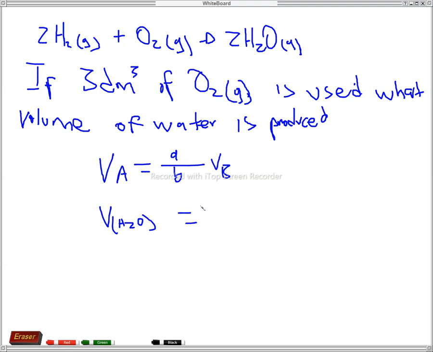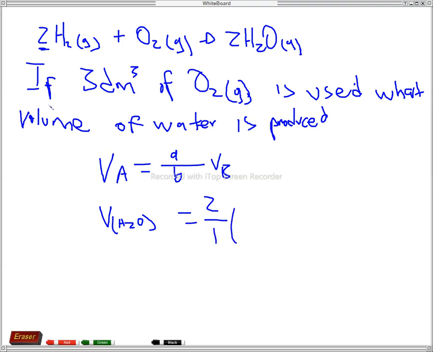So I'm just going to substitute 2 here, the stoichiometric coefficient of A, and then for compound B automatically it is going to be 1, because we have nothing there. Basically we have 1. The problem is that we can't write 1 there, so I'm just going to say 1 over here.